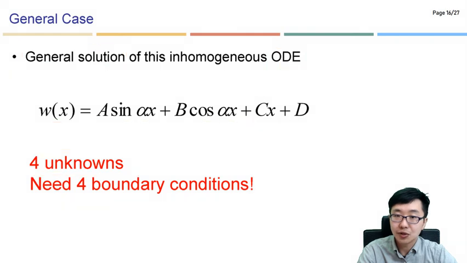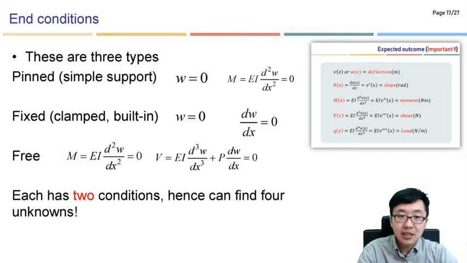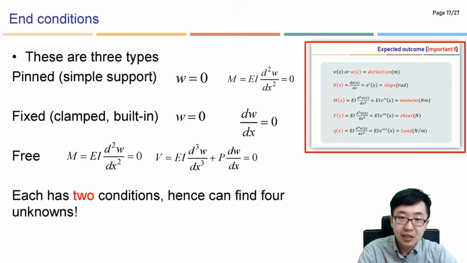So that's for sure. And please remember this one again. Simple beam theory, we learned it many times, and that's why I have highlighted it from the marine mechanics part. So pin or simply supported case, deflection 0, at the same time moment is also 0. Fixed condition, deflection 0, and the slope is also 0.